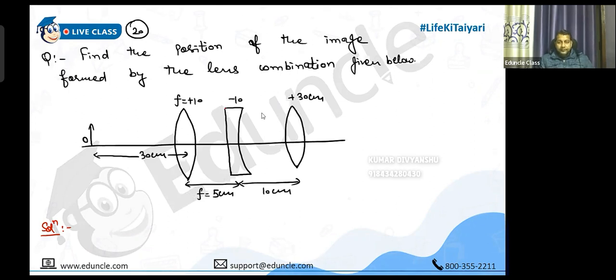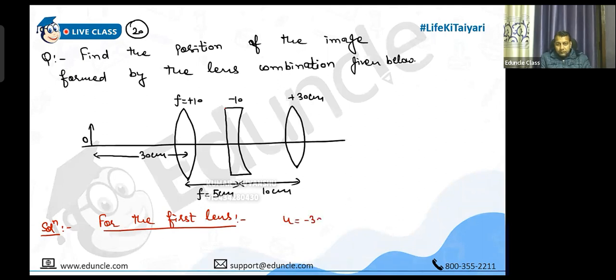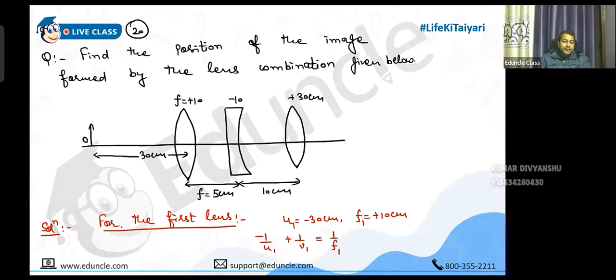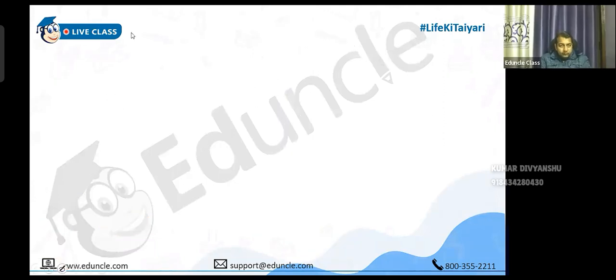Yes, this is correct. So we can make use of the lens formula to get V, and I will be calling that V1. This is U1, F1. Please substitute the values and get V1. No, Mira, is this the first answer or the final? If this is the first one, then it is correct.